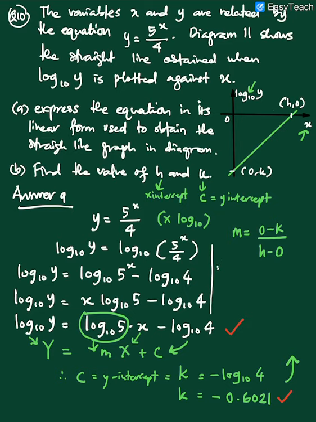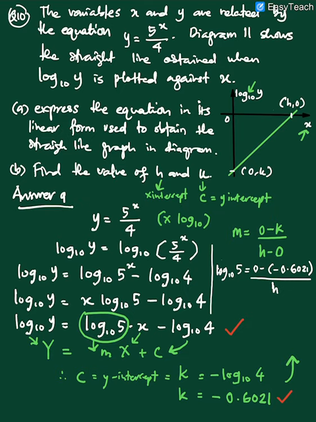So log base 10 5 equals 0 minus negative 0.6021, all over h minus 0, which is h.